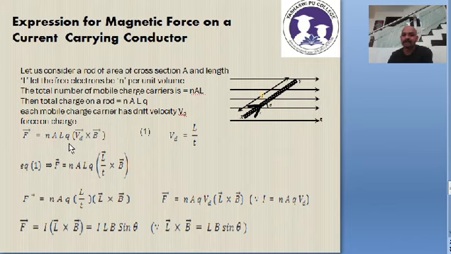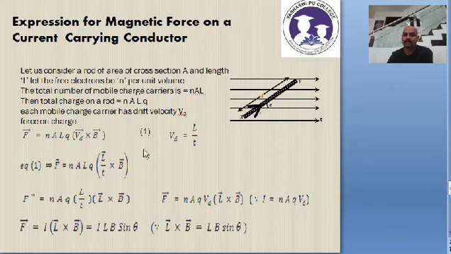In the place of q, I have not taken only one charge, I have taken all the charges. That means the force experienced by all the charges present in the conductor. So nALq represents the total charge present in the conductor, with Vd the drift velocity and B the magnetic field.